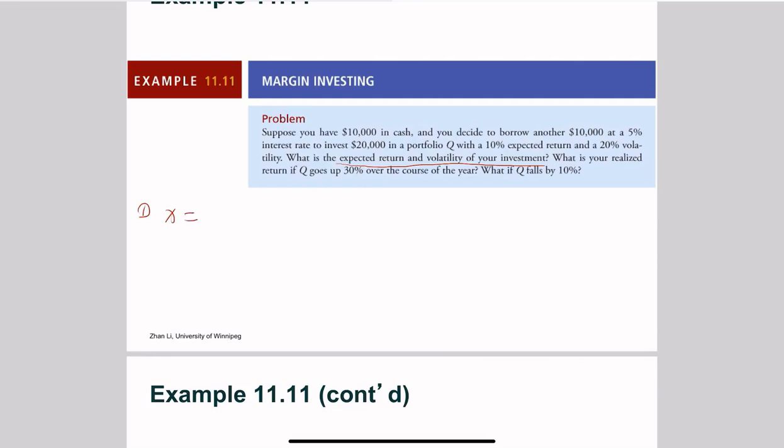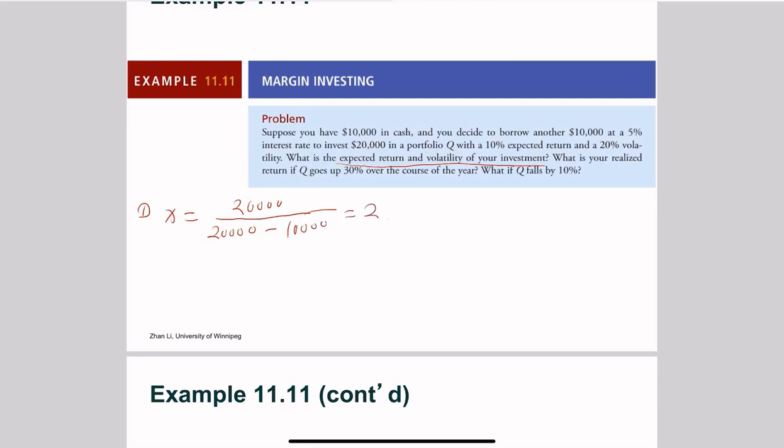So X is given by your investment in portfolio Q, which is $20,000, divided by the total value of your investment. So you have $20,000 in portfolio Q, and you have also borrowed $10,000.